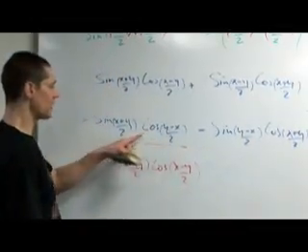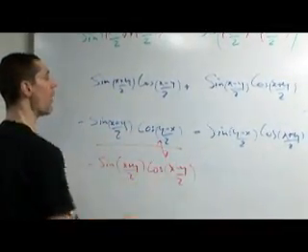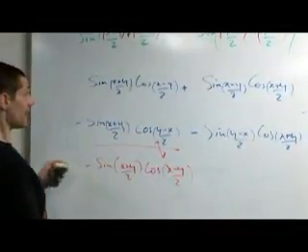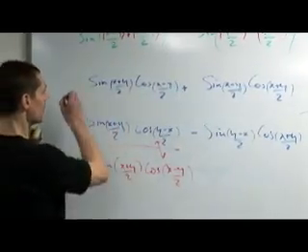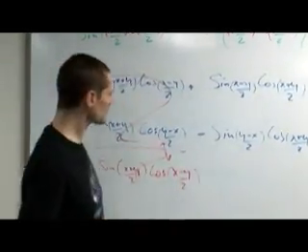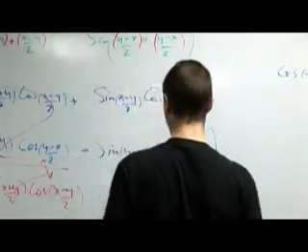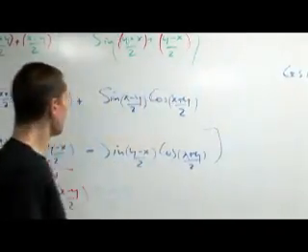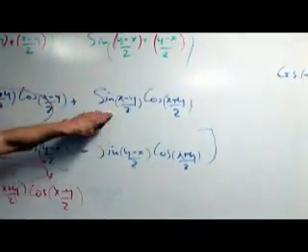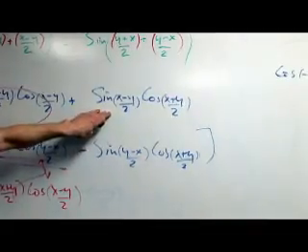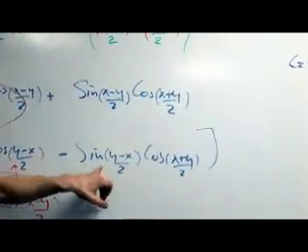It's very important that you understand this transition and rewind this if you need to. But the nice thing is look what happened. These go away. So now I have this. I have sine of (x minus y)/2, cosine of (x plus y)/2, sine of (y minus x)/2.